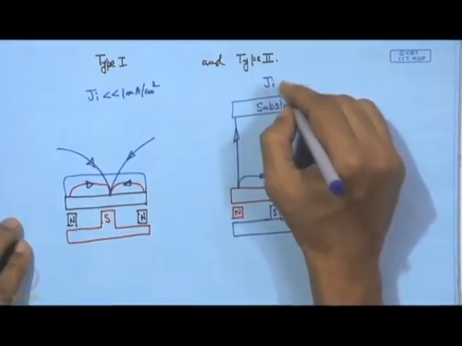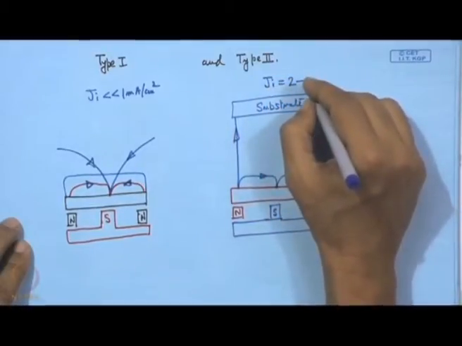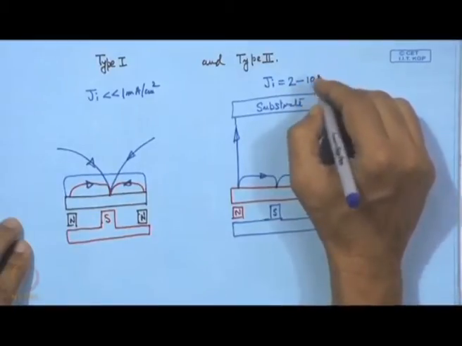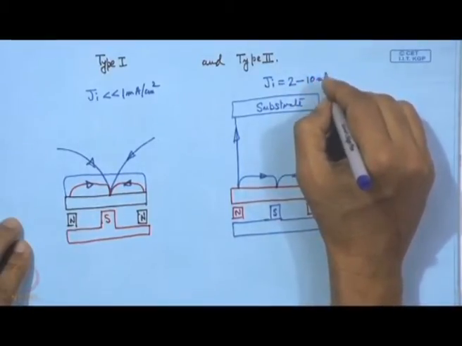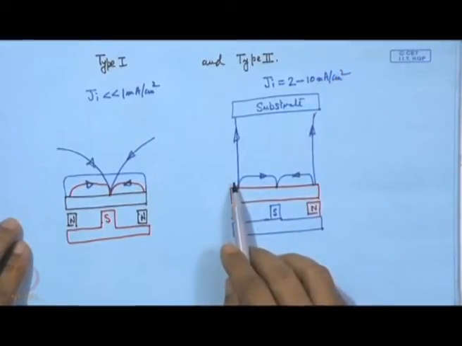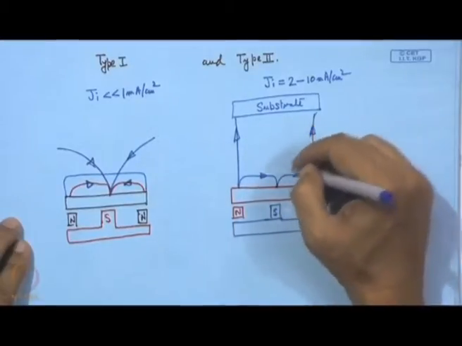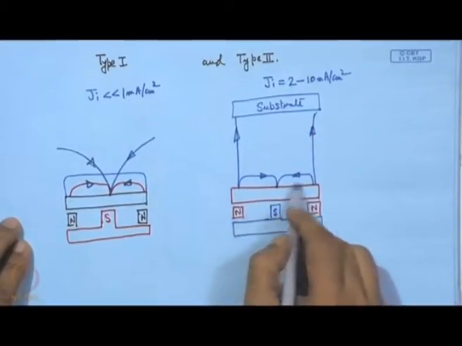J I will be somewhere between 2 to 10 milliampere per centimeter square.